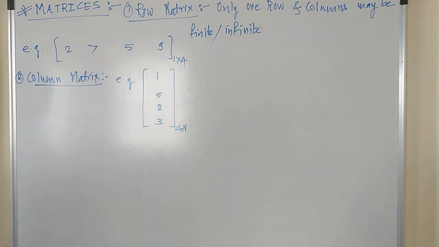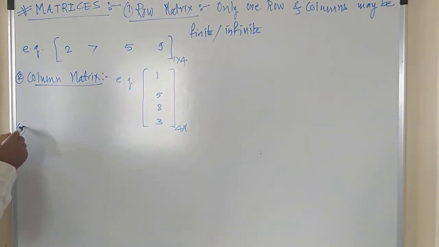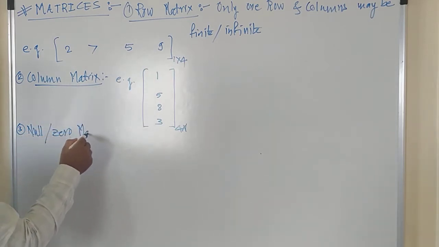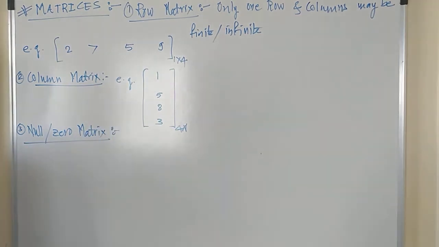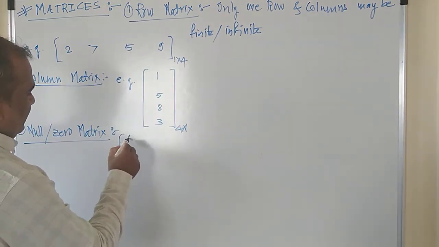Now the next kind of matrix is a zero matrix or null matrix. Now what is this zero matrix or null matrix? It's a matrix whose all elements are zero. It's called a zero matrix or null matrix.